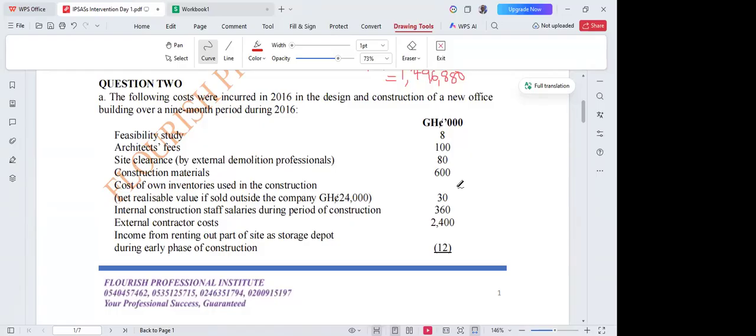Feasibility study, architecture fees, site clearance by external demolition professionals, construction materials, cost of own inventories used in the construction, net realizable value if sold outside the company 24,000, external construction staff salaries during the period of construction, external construction costs, income from renting out parts of site as storage depot during early phase of construction.